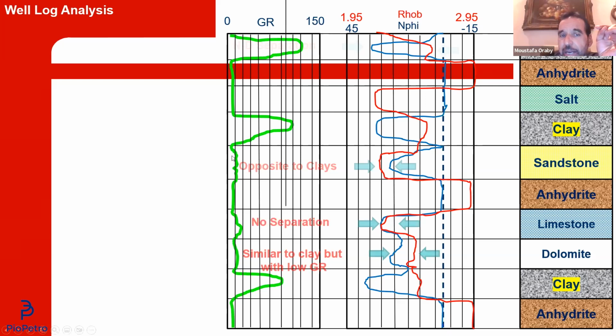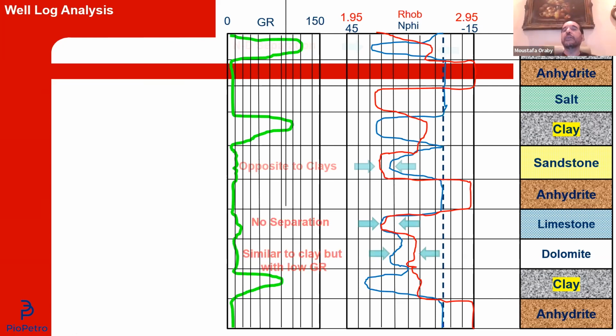When the gamma ray is low and the opposite happens, density to the left, neutron to the right, that's a sandstone signature. When gamma ray is low and the neutron and the density are overlaying, that's a limestone signature. When the neutron is left and density is right, similar to the clay, but the gamma ray is low, that's a dolomite signature. I hope this is actually clear to everyone.